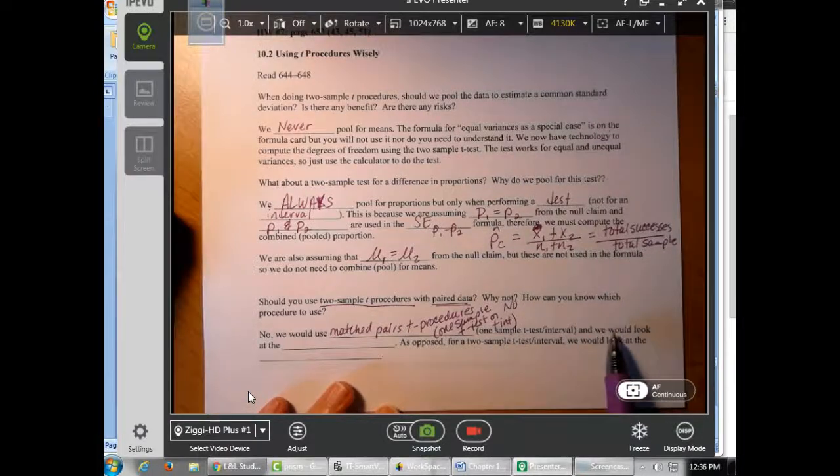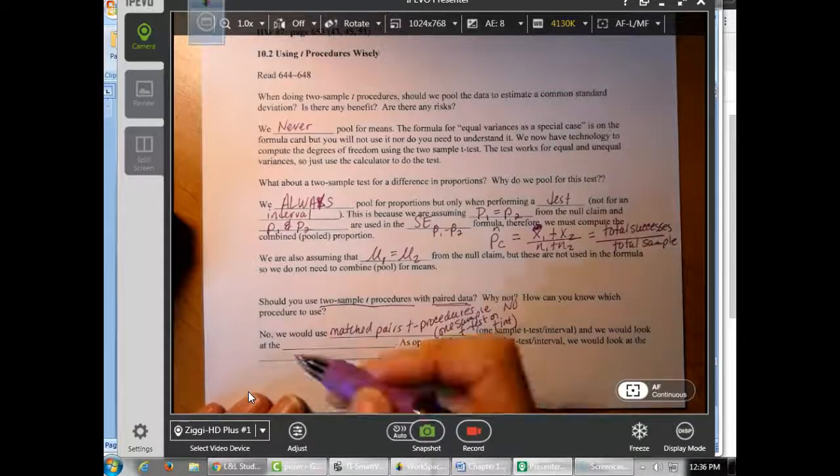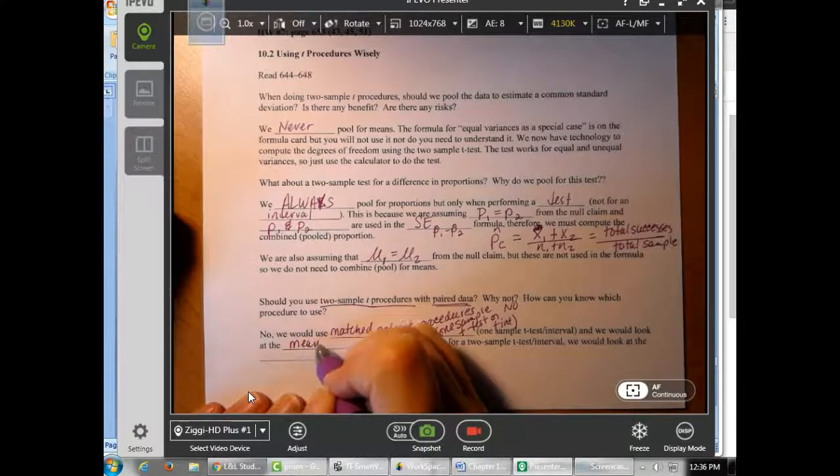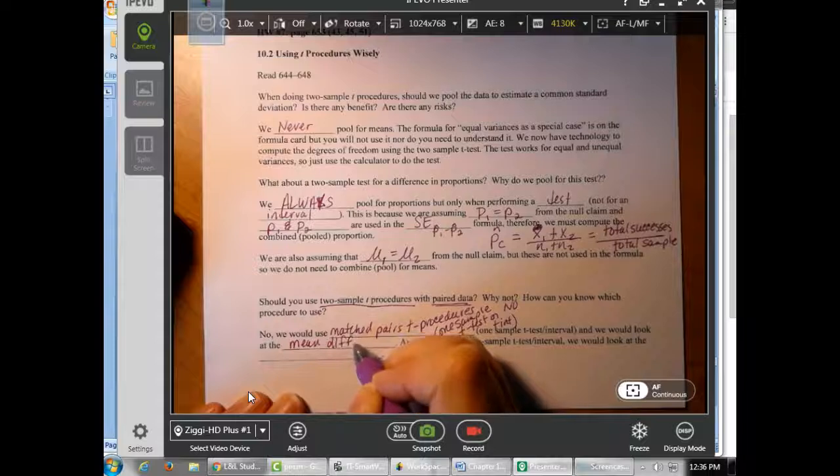So there you go. And we would look at what? Well, if we're doing matched pairs, one sample, wouldn't we look at the average of all the differences? So we would look at the mean difference, and I'm going to design something for you in just a second to help you.